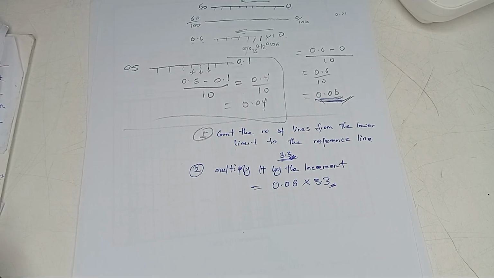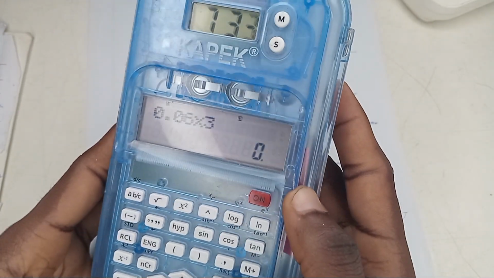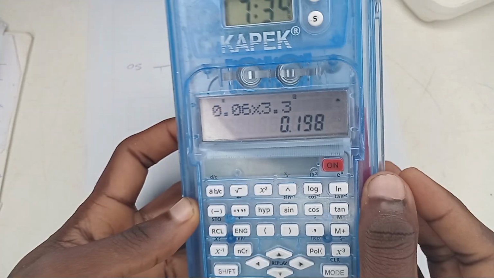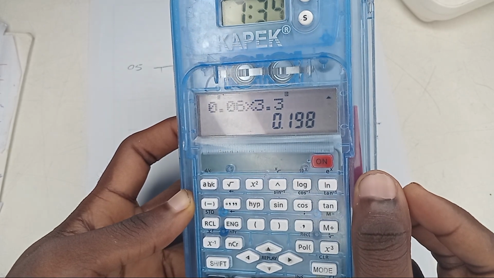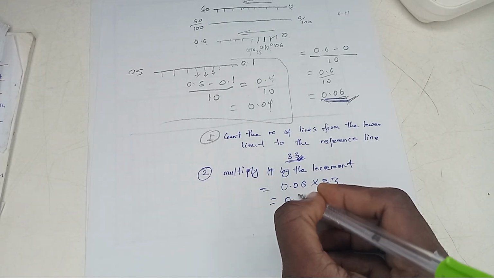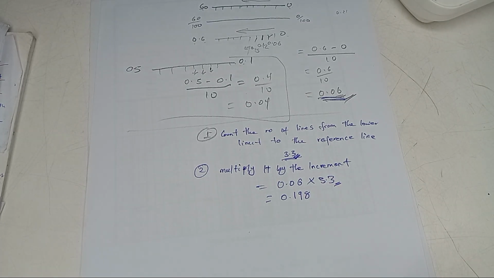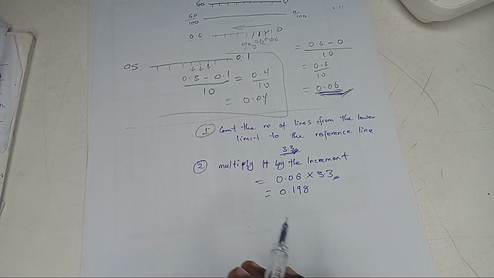Using your calculator, 0.06 times 3.3, what do you get? 0.198, which is almost like 0.2 in a way. So we have 0.198 here.